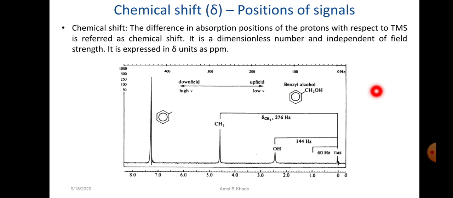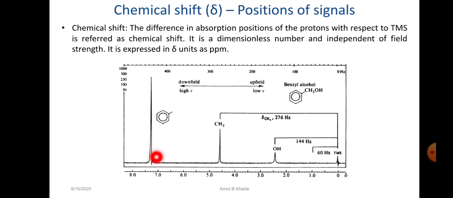So I have represented here a simple spectrum of benzyl alcohol, where it has how many sets of protons? 5 aromatic protons in one set, 2 CH2 protons in a second set, and 1 OH proton in the third set. So we are expecting 3 signals here for this benzyl alcohol, 1, 2 and 3. Look at the position of these signals.